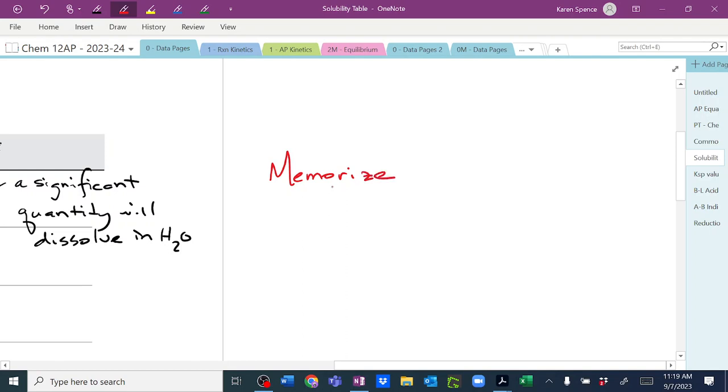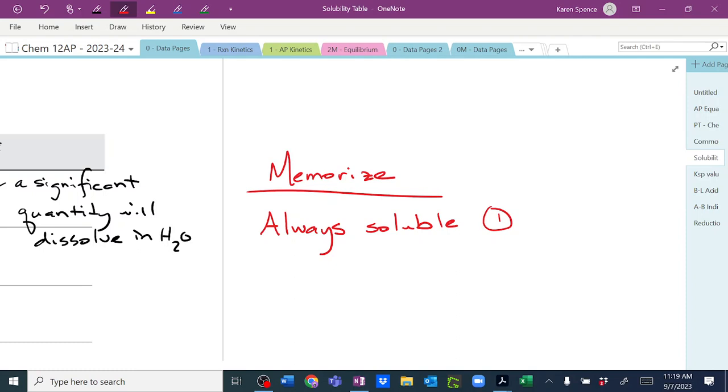Alkalis. So these are going to be our always soluble. Hydrogen, I'm going to leave hydrogen alone because hydrogen is an acid, it works as an acid, and acids do their own thing. But yes, alkali metals are certainly one.